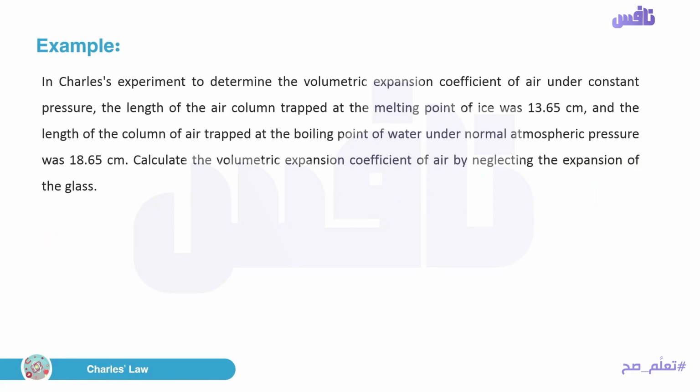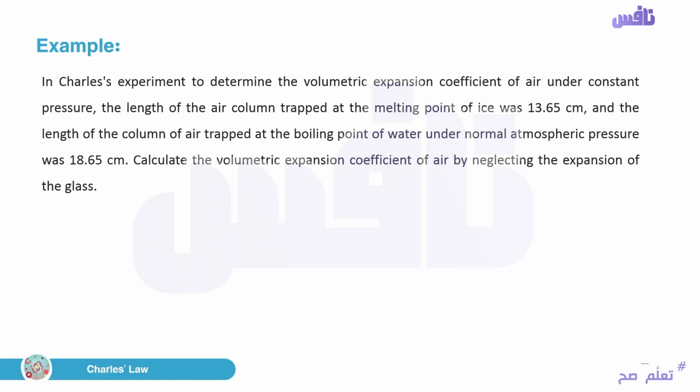Let's go. It says, my friends, in Charles' experiment to determine the volumetric expansion coefficient beta of air under constant pressure, the pressure must be constant. The length of the air column trapped at the melting point, 100, was 13.65. So here we have the V at 100, which is V100, and the length of the column trapped at the boiling point of water under normal atmospheric pressure.